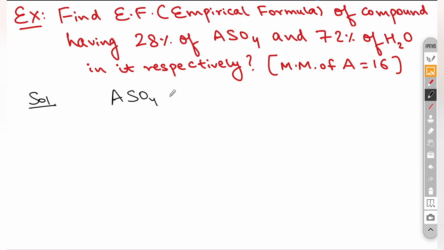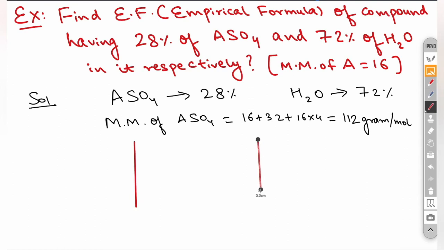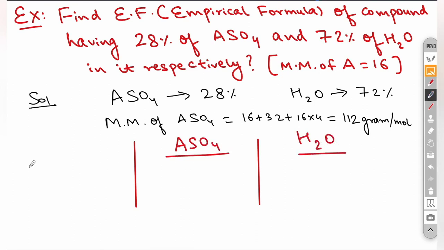Now we will solve it. ASO4, its percentage is 28%, water it is 72%. Molar mass of compound ASO4 is 16 plus 32 plus 16 times 4, which is 112 gram per mole. Now we'll draw columns. First one is for ASO4, second is for water.